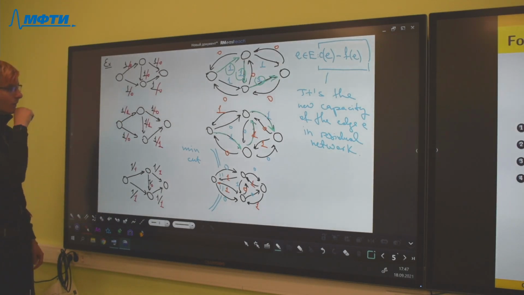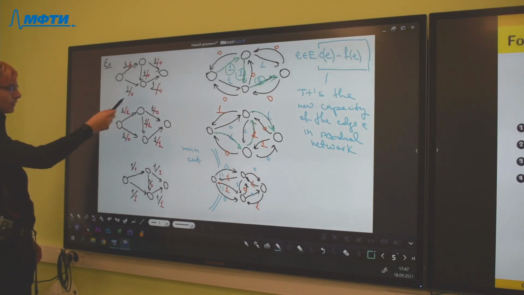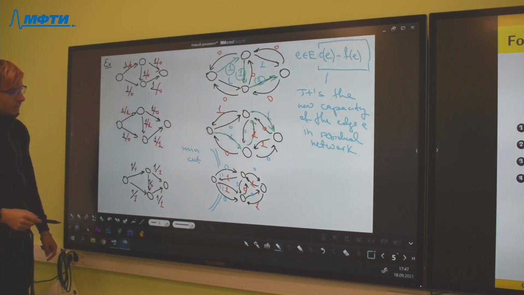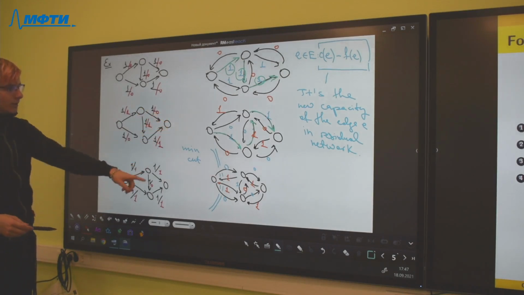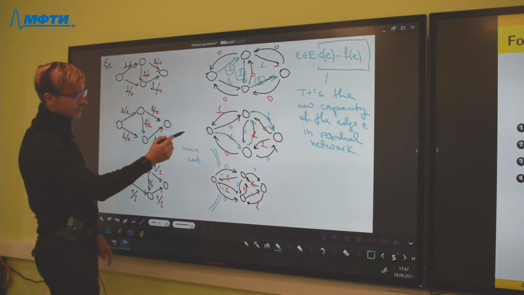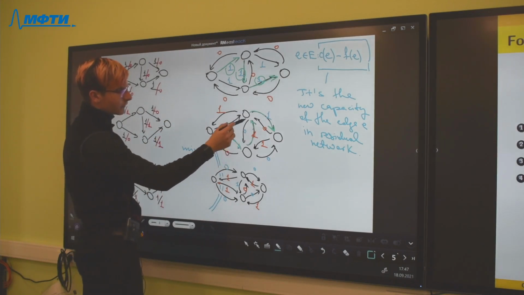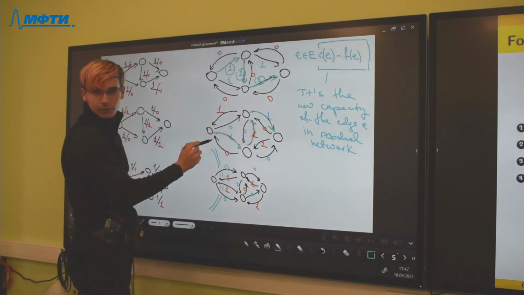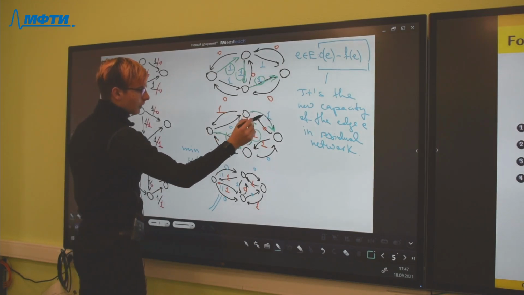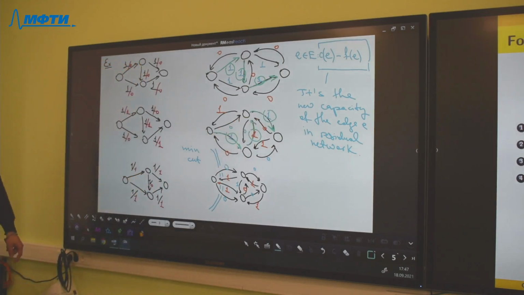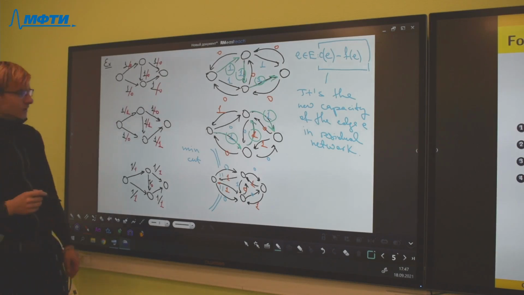Then we repeat our building of the residual network, and we see there is another path from source to sink that contains edges that have capacities bigger than 0.